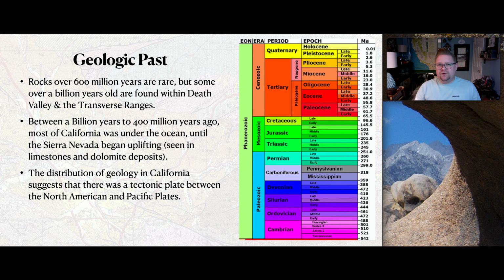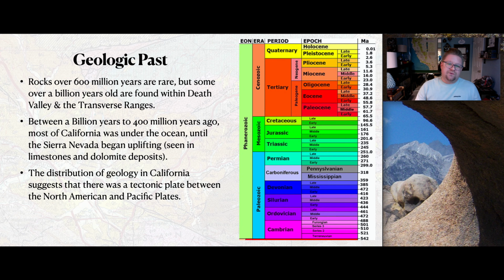Now, the distribution of geology in California suggests that there was a tectonic plate between the North American and Pacific plate, the Farallon Plate, things that we have discussed already. We also have learned that there's been a volcanic past, and who knows, perhaps a volcanic future. We do certainly see more activity, more earthquakes, and a tremendous amount of studies coming out of the eastern Sierra in specific, closer by Mammoth Mountain.